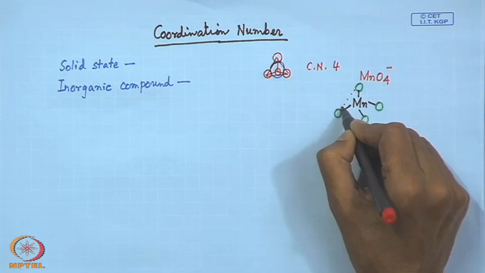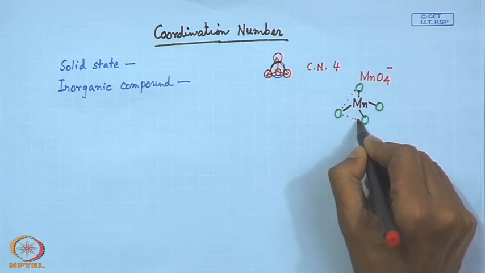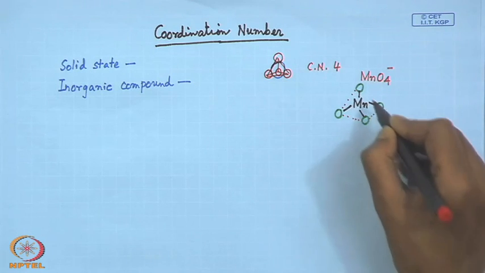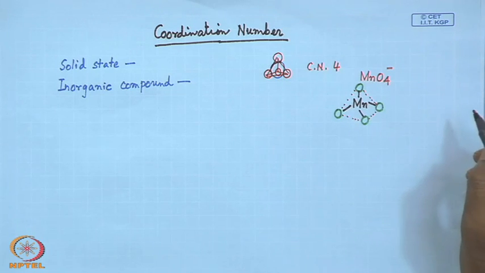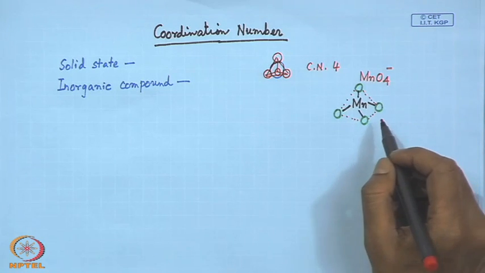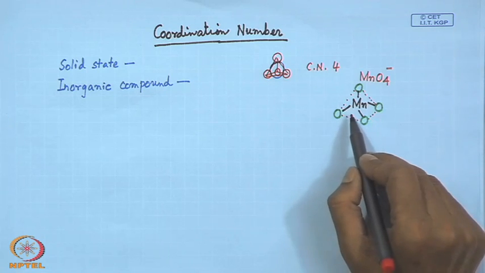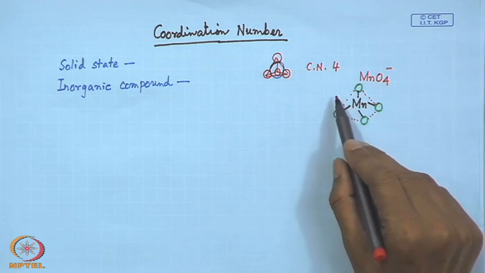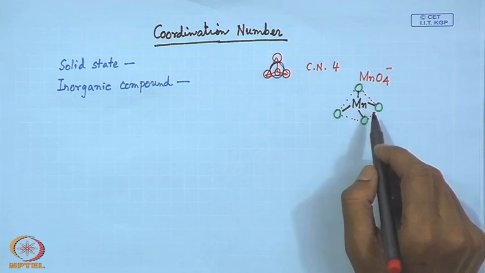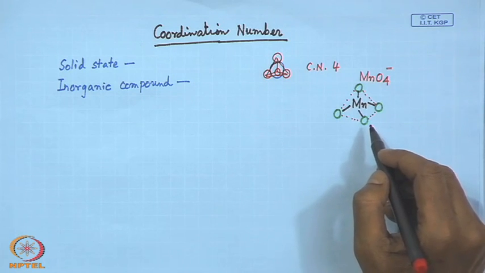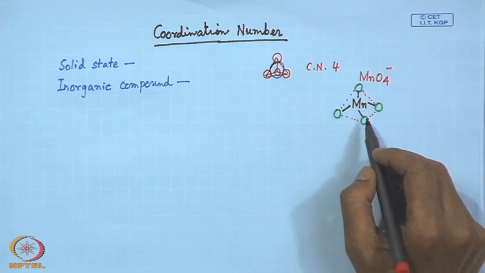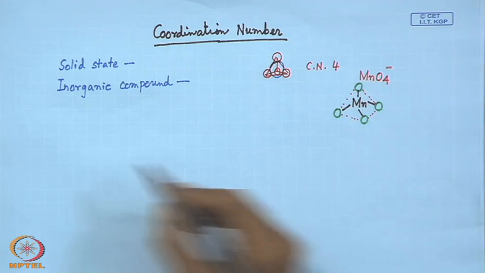So, we get something where in 3-dimensional space how the entire species will behave and how the manganese center will activate some other atoms is also clearly visible if we consider the corresponding coordination number of this permanganate anion.